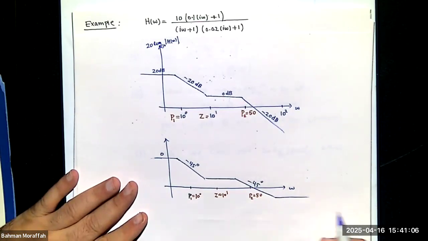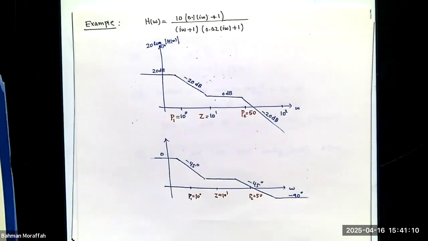And it basically evens out at negative 90 degrees, because that's what it is. So it's not that bad. So this was a very simple example.